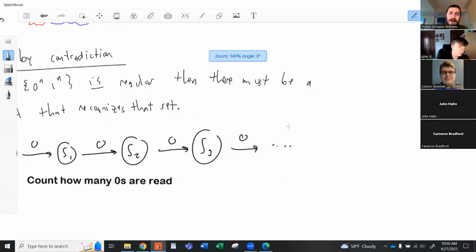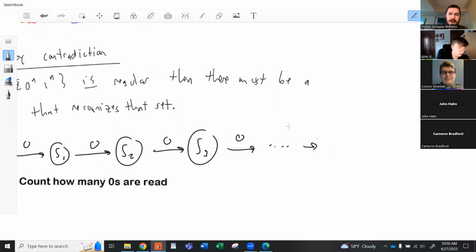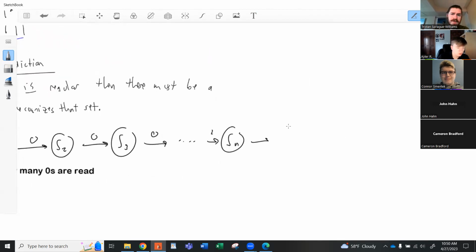And then at some point, we would need to transition to some states where we are viewing a 1. And then read ones. Read more ones.